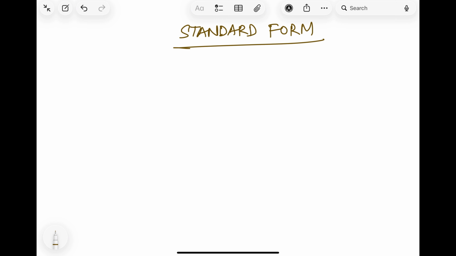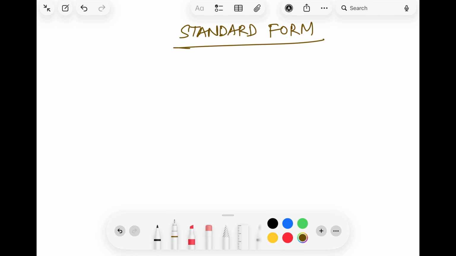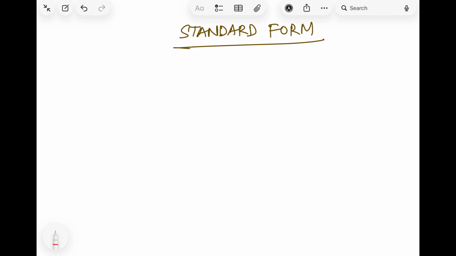That is also a part of indices only. Standard form means a form which has power. That's why we do it under the topic indices. Okay. So how do we understand what is actually standard form? Normally whatever numbers we write, sometimes are whole numbers or integers or fractions, right?